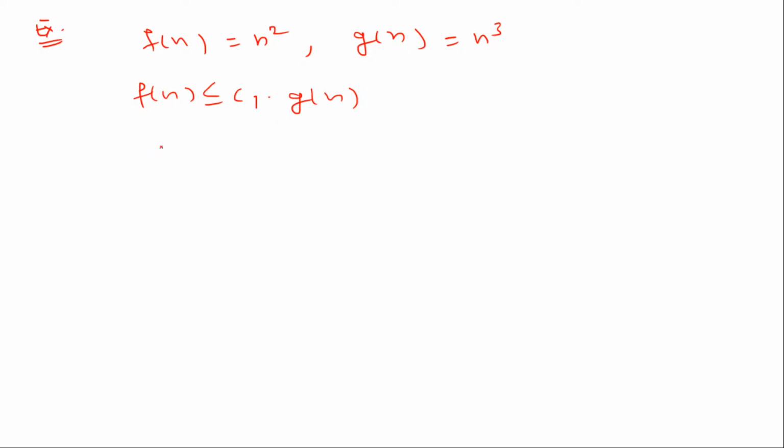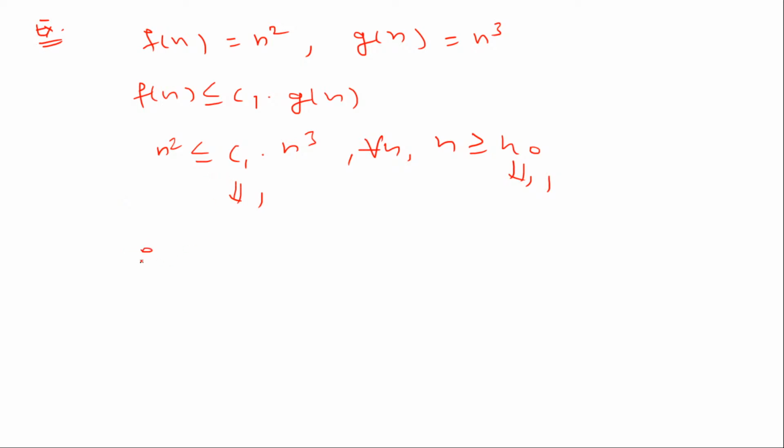So the value of fn n square less than or equal to c1 dot gn n cube for all n greater than or equal to n naught. Put the value of n naught 1 and put the value of c1 1, right? So it follows the big O condition.